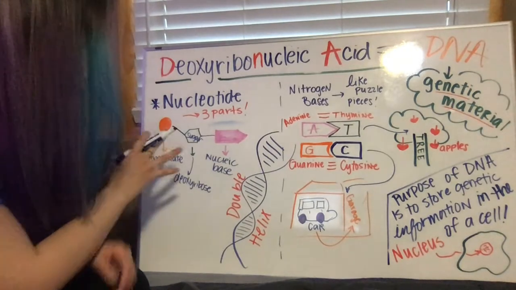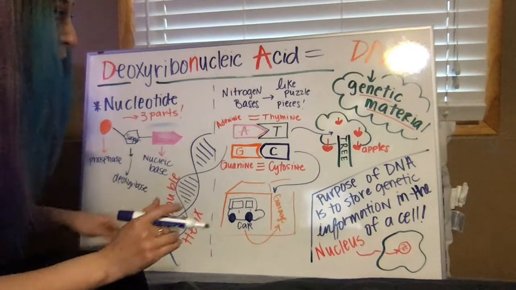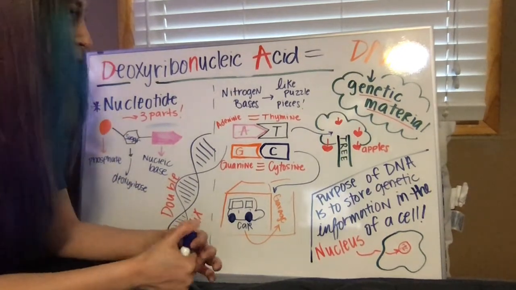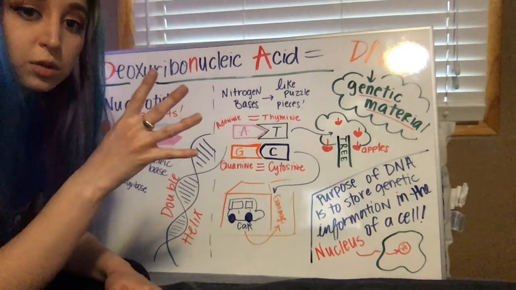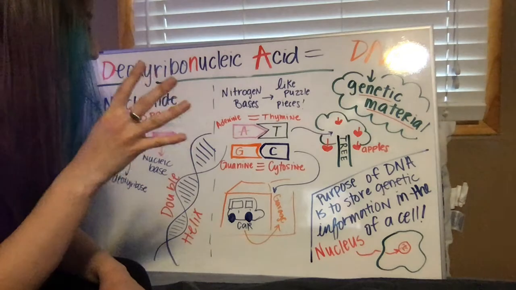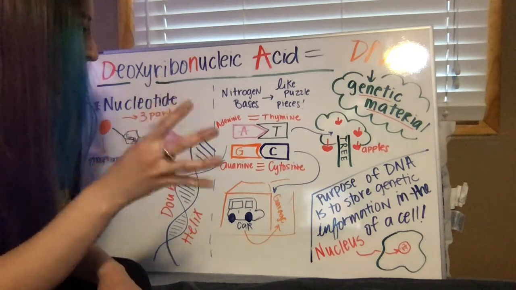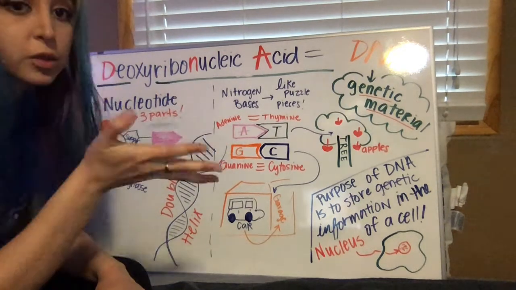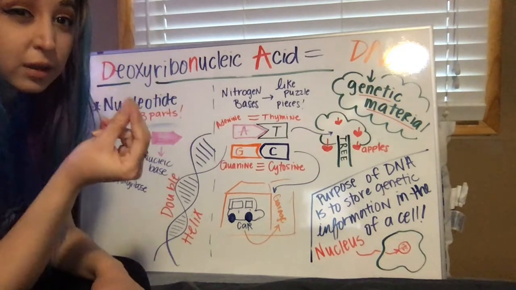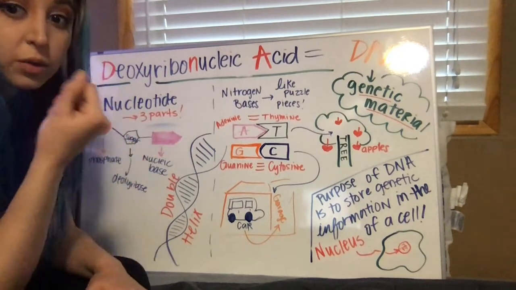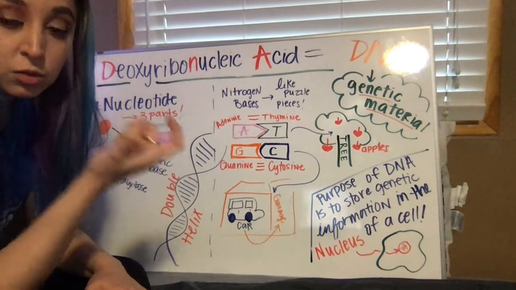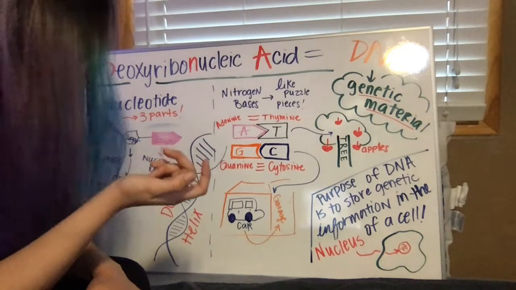Now, there are 4 possible ways that you could code for DNA, and we use these 4 nucleotides in a very specific way. Think of these nitrogen bases like puzzle pieces. They can only mix with their own piece. The easiest way for me to remember which base goes with which base is as follows.